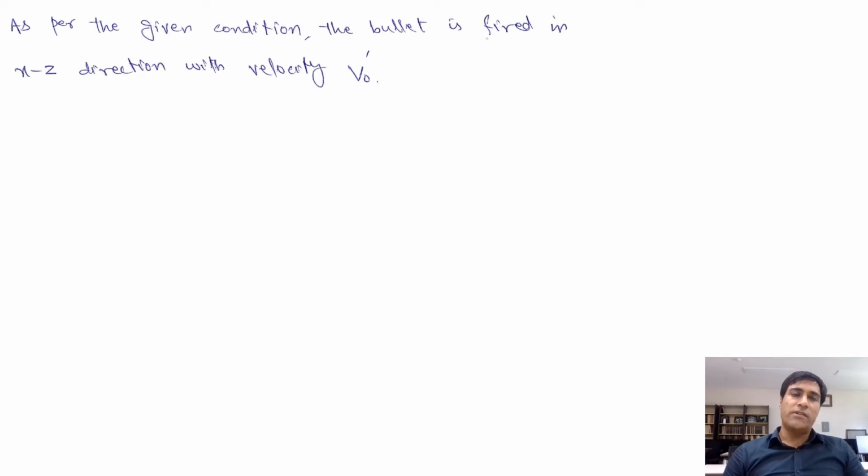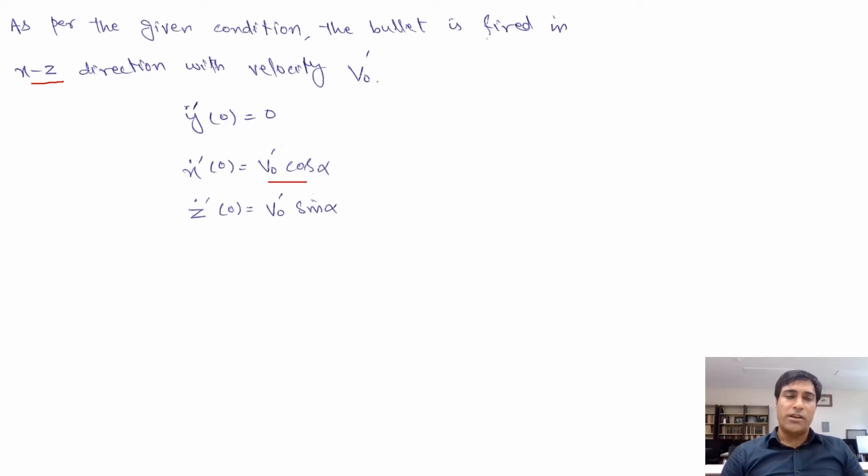As per the given condition, the bullet is fired in the xz plane with velocity v naught dash. From the condition, we know that the velocity components are: y dot dash equals 0, x dot dash equals v naught dash cos alpha, and z dot dash equals v naught dash sin alpha.